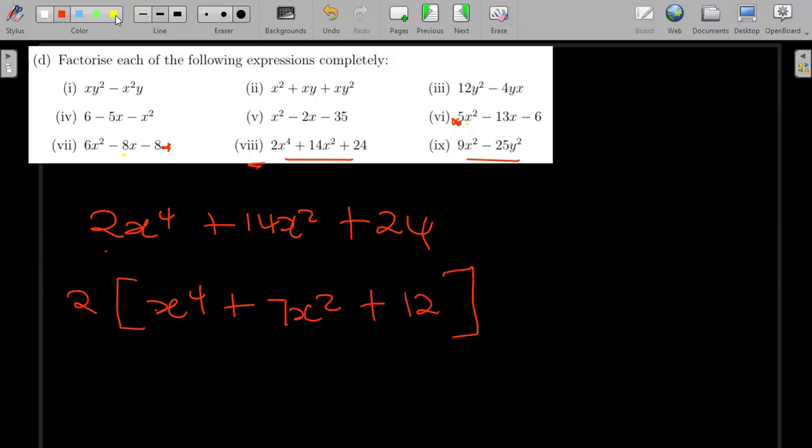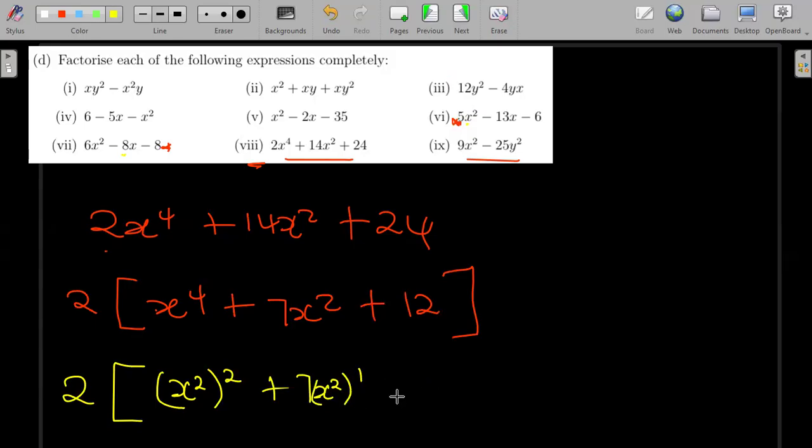From here, I notice that what I have here is x to the power 4. So what if I write it in this way? I say x squared and then to the power 2, and then plus 7x squared to the power 1 and then plus 12. What I'm trying to do here is make this a quadratic equation with the highest power being 2, but currently it's 4.